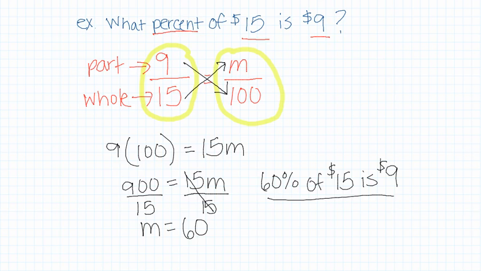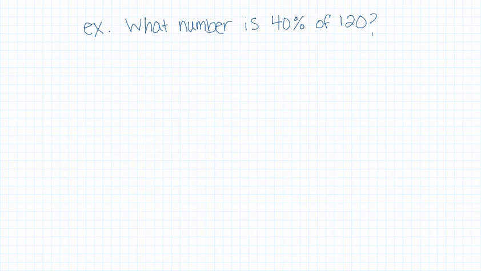All right, so let's go to another example. Keep practicing on this. So in this section, it's what number is 40% of 120. So all key words in that sentence. So we have the percent, so we can write that as 40 over 100. So that's our second ratio we've created. Now we need to determine what the first one is.